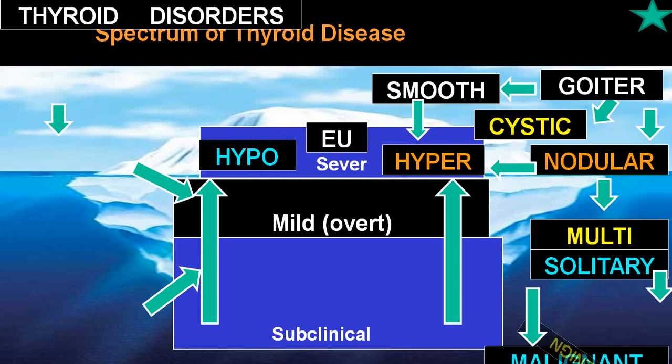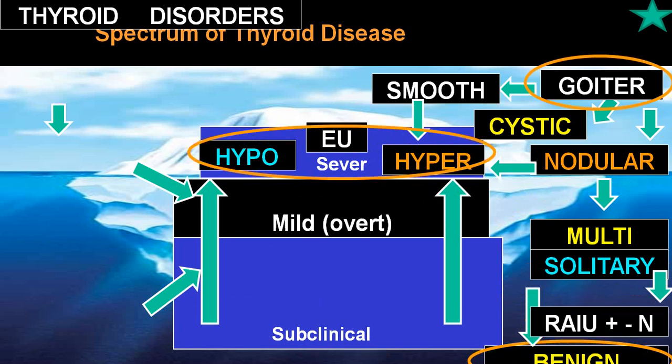It can be malignant or benign. Radioactive uptake study wise, it can be increased uptake, normal uptake, or decreased uptake. Depending upon that also you can identify: a hot nodule has increased radioactive uptake, a cold nodule has decreased radioactive uptake, and normal has a normal uptake.